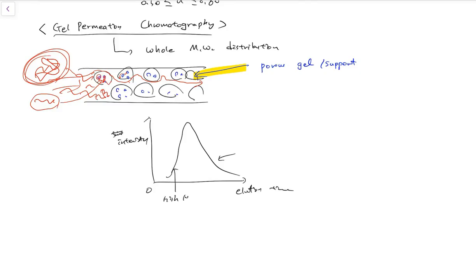At the beginning we'll have high molecular weight polymers. At later time we'll have low molecular weight polymers. So basically by checking the intensity, we can determine the concentration of the polymers with a specific chain length or molecular weight.